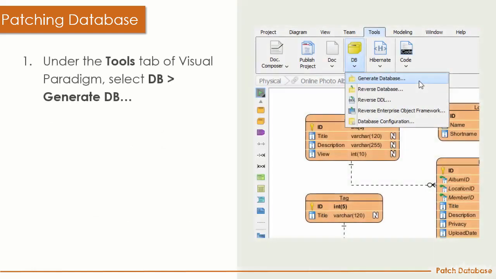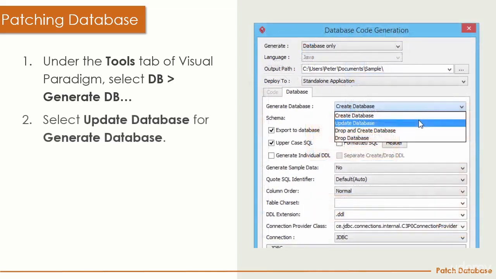Generating the patch from Visual Paradigm is easy. You just go to DB and generate database. The difference is you change from generate database to update database. Let me do a quick demonstration before we move on.